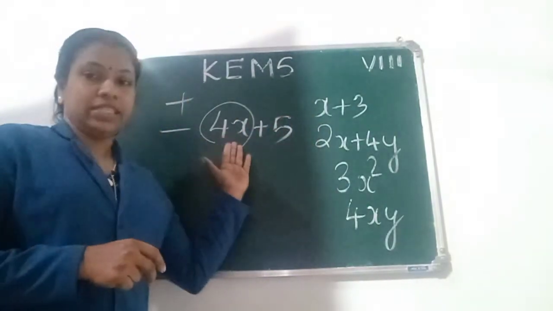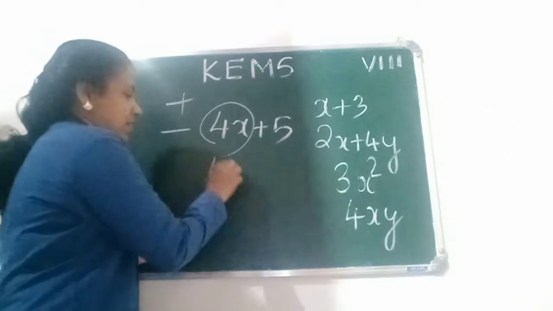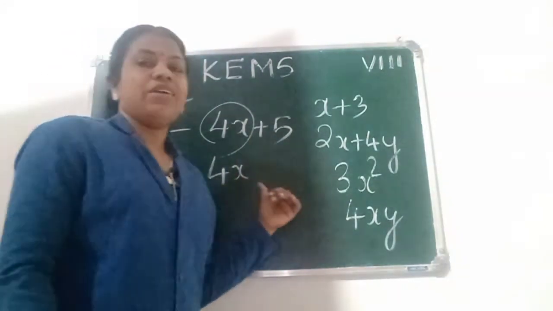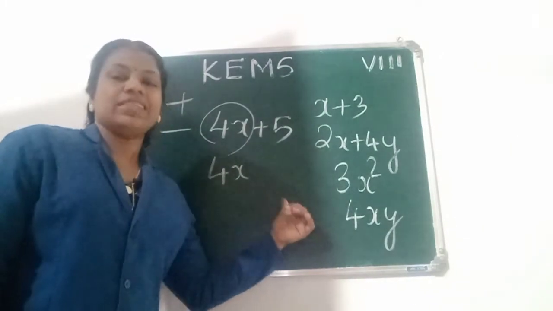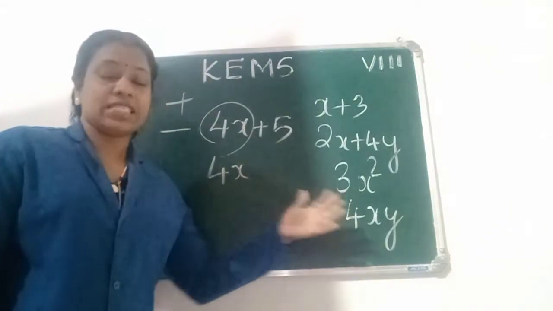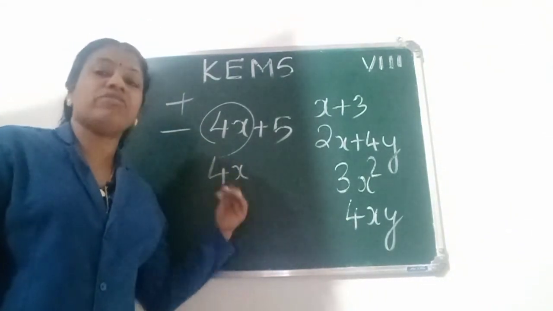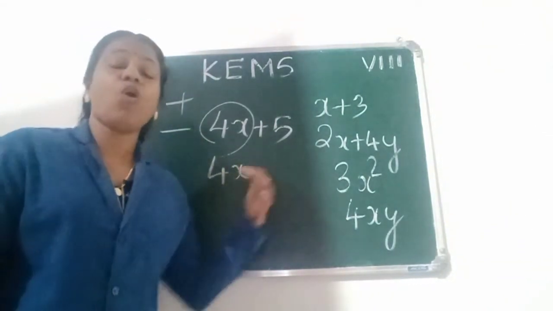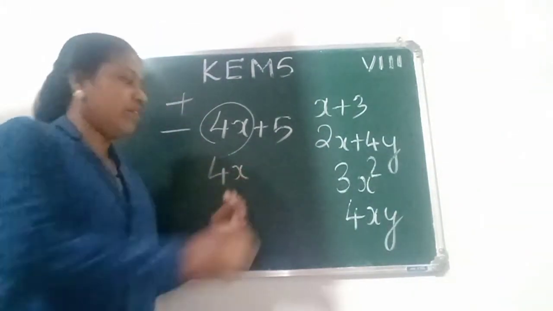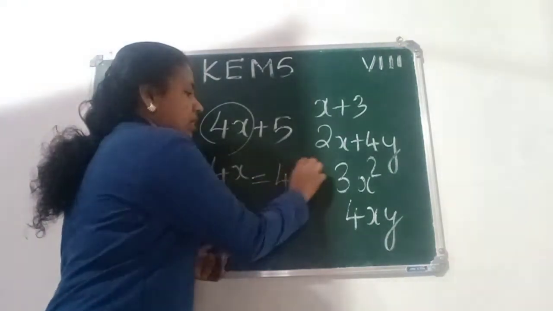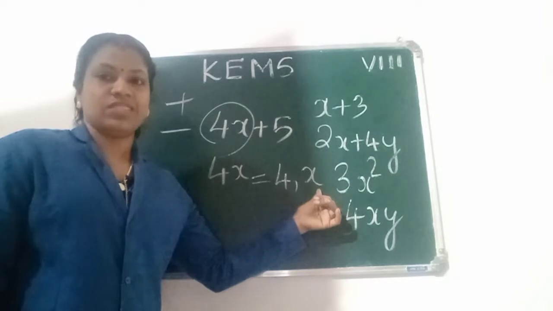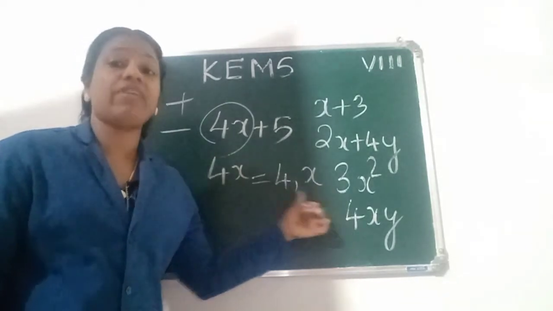And in the term 4x, 4x is formed as the product of the factors 4 and x. So, 4 and x are called the factors of the term 4x.